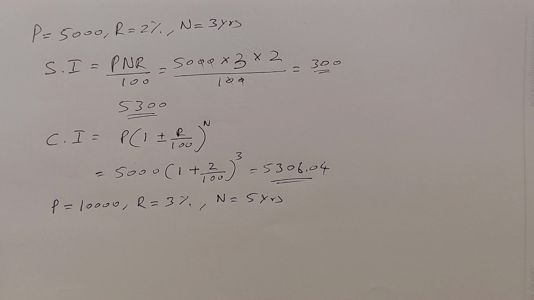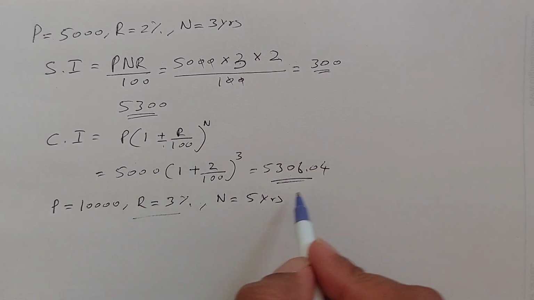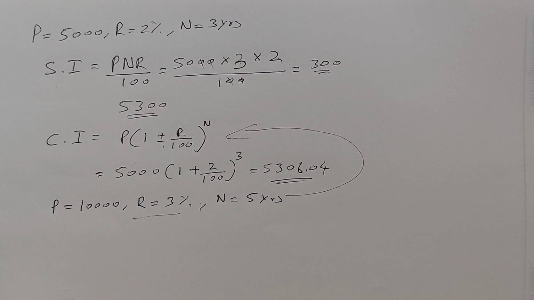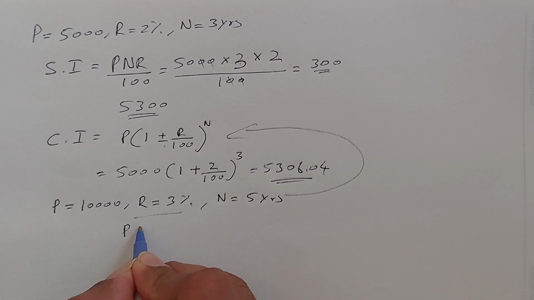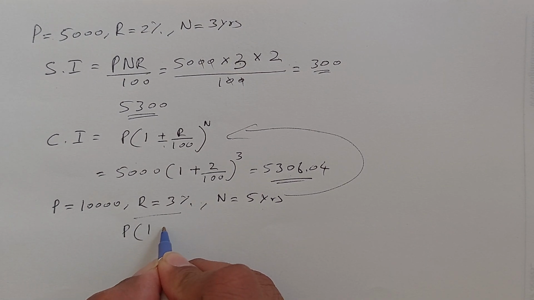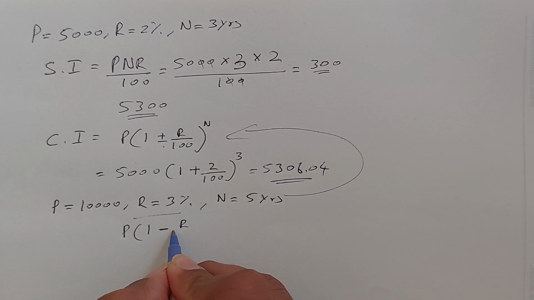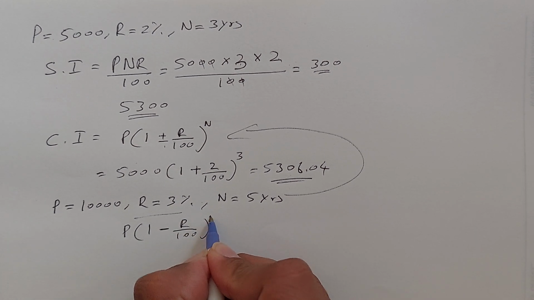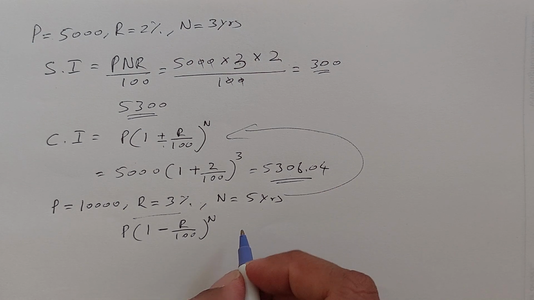Now obviously when we buy a car or a vehicle or anything, the rate of interest will go in the depreciation side. It will depreciate, the value will go down. So let's put this in the top formula, same formula, but use the minus sign. So we are using P bracket 1 minus R over 100, power n. That's the formula we'll be using.